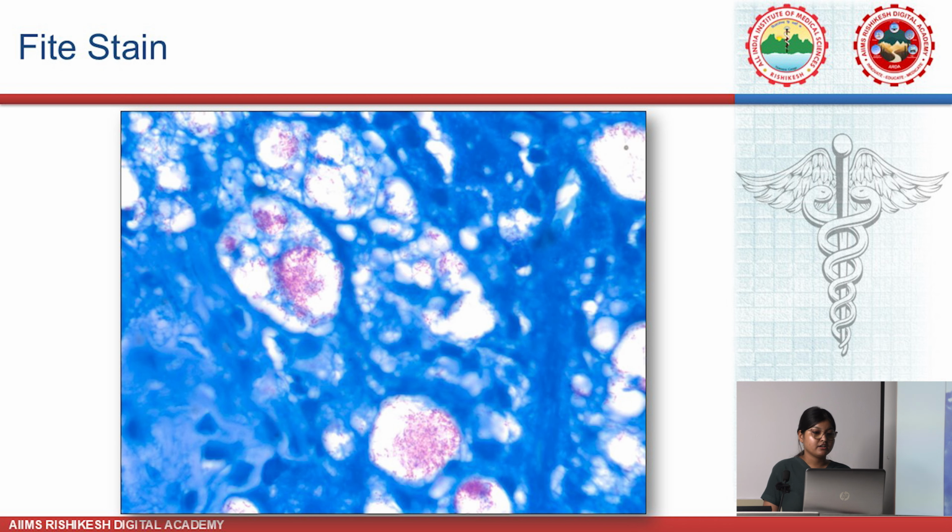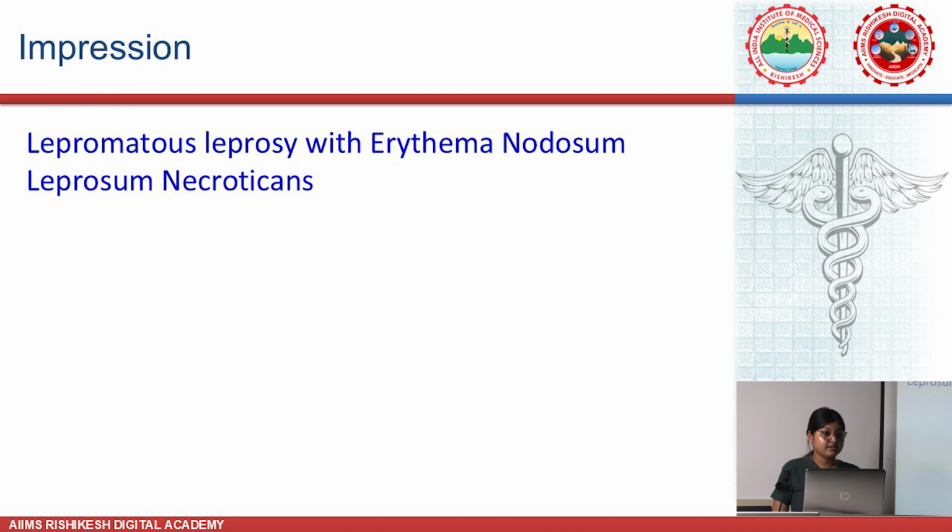So to summarize, the biopsy from the necrotic lesion is showing a thinned out ulcerated epidermis along with a dense neutrophilic infiltrate in the entire dermis, extending deep down into the subcutaneous tissue, causing panniculitis along with fibrinoid necrosis. So these features favor lepromatous leprosy with erythema nodosum leprosum necroticans.